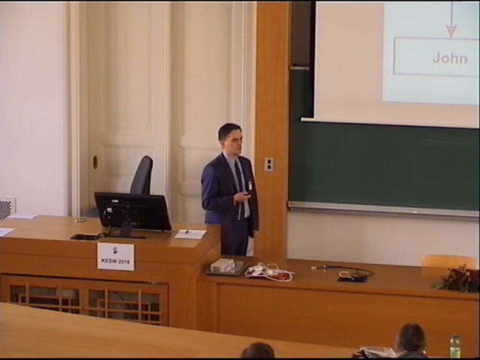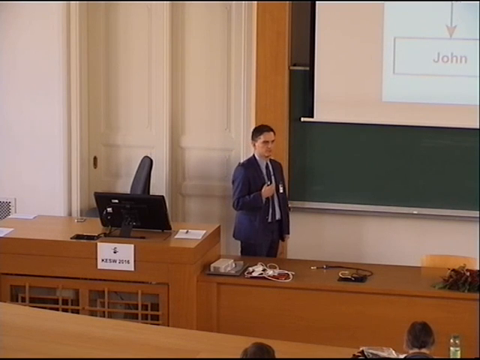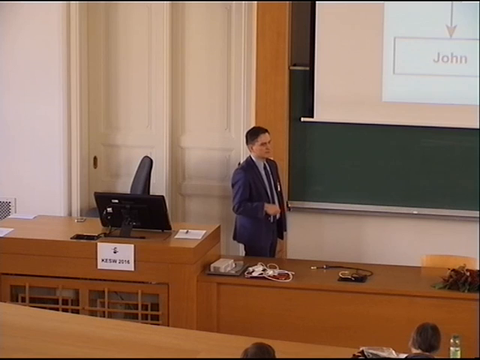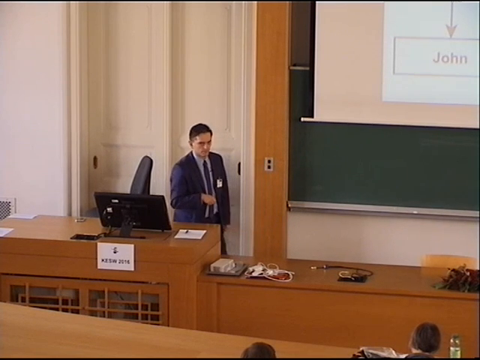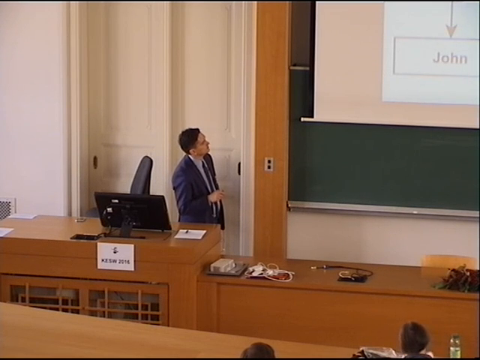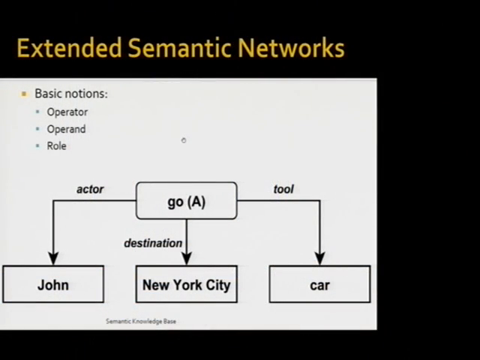So the structure of the networks that we use is more or less like a hypergraph. We have two different types of nodes. The first level is where we have operator and operands, and then we can go deeper into the concepts. Each operand and operator has its role. So for example, if we have the operator go, it's an activity. Then we have three operands connected to this node: John, New York, and car, and each of them has its own predefined role assigned.